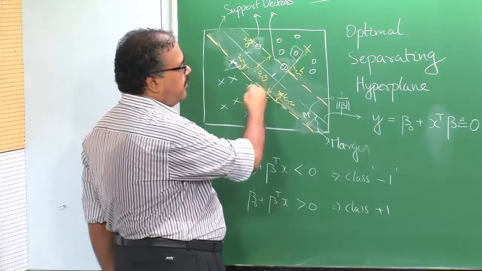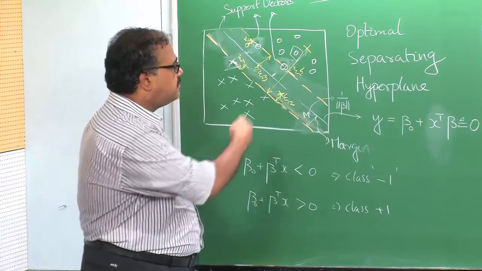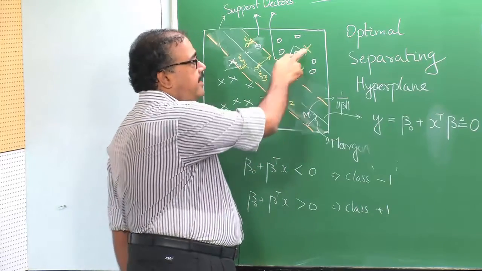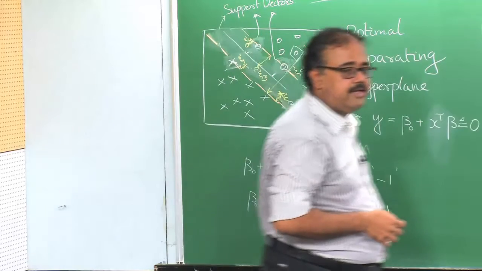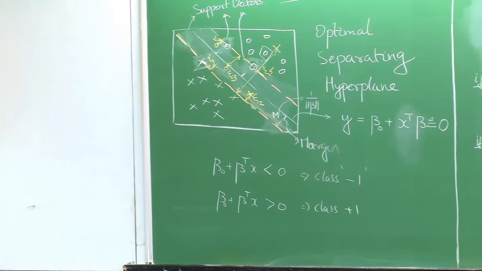So, by allowing some data points to fall within the margin, I am able to expand the size of the margin, and I can also incorporate the small number of errors that I have to make because the data is not linearly separable.